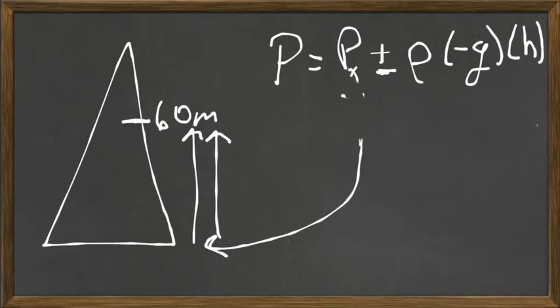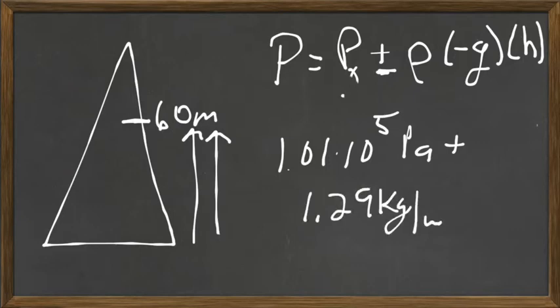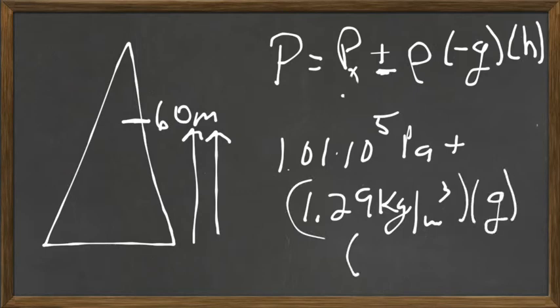Putting my information into my problem, atmospheric pressure, 1.01 times 10 to the 5th Pascal, plus density of air, 1.29 kilograms per meter cubed, gravity, I'm just going to write g, and we can go ahead and make it a little negative g if we want to. Our height, a positive 60 meters.